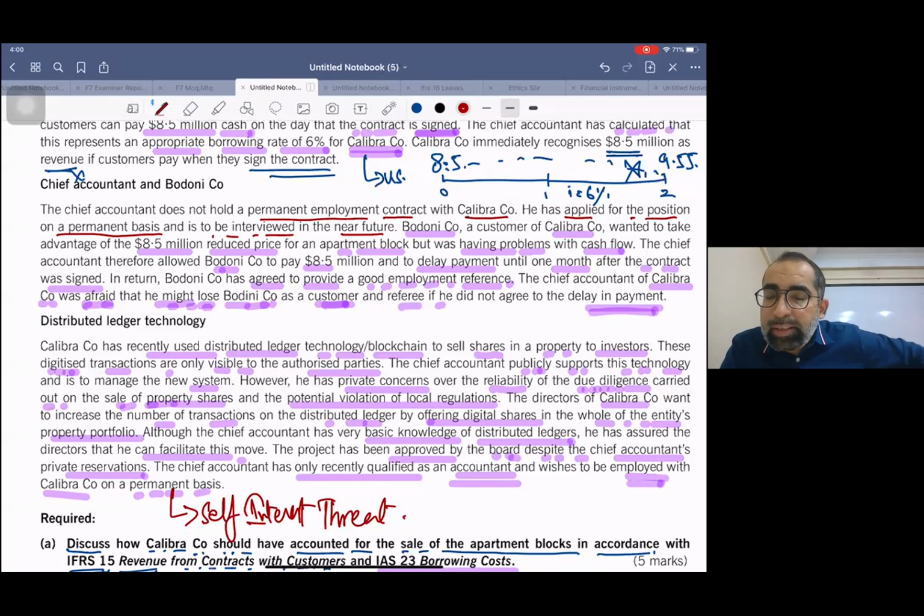So the guy with an empty pocket, it's easy to bribe, okay? You are getting it? So this thing you have to write, this is a practical real life issue, that he's a newly qualified accountant, and normally the seniors pressurize the newly qualified accountant very easily because of lack of experience, because they really want to grow, because they really want to earn. That's it.